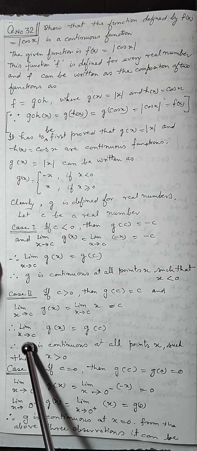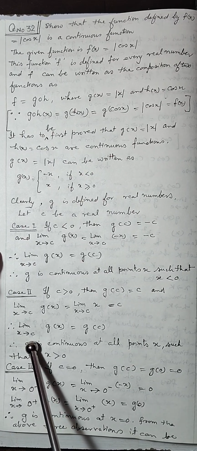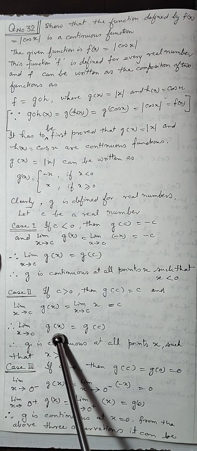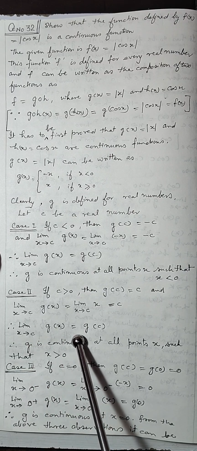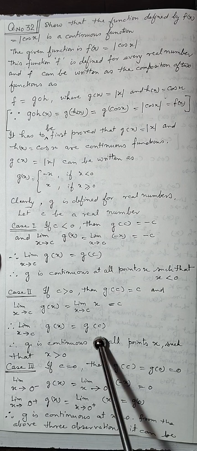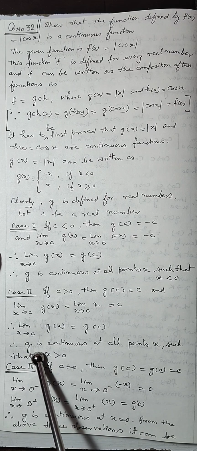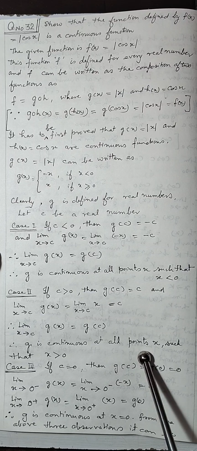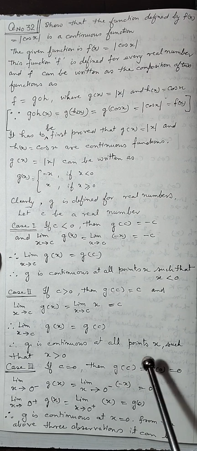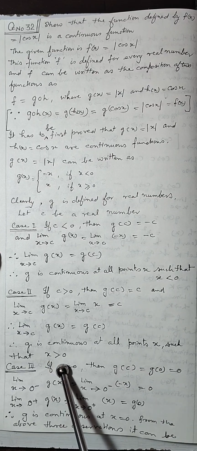Therefore, the limit as x approaches c of g(x) is equal to g(c). Therefore, function g is continuous at all points x such that x > 0.